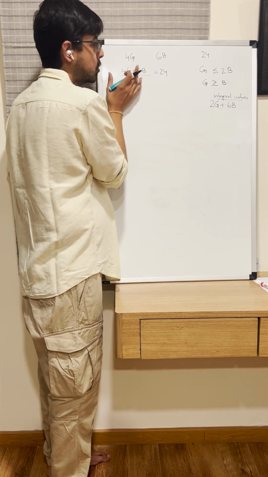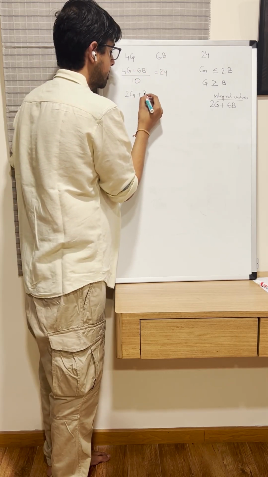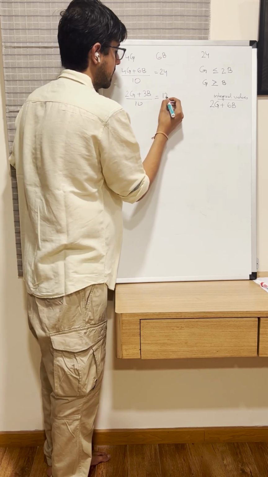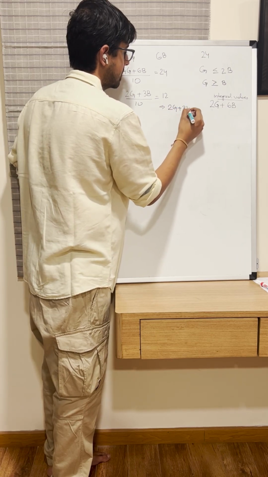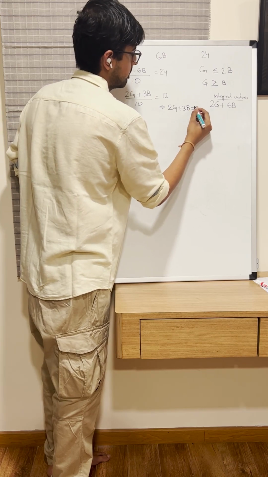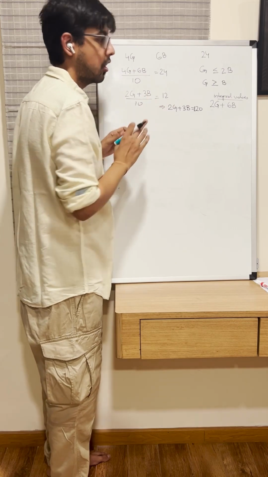If I take 2 common and I cancel this, I will get (2G plus 3B) by 10 is equal to 12, which will give me 2G plus 3B is equal to 120.